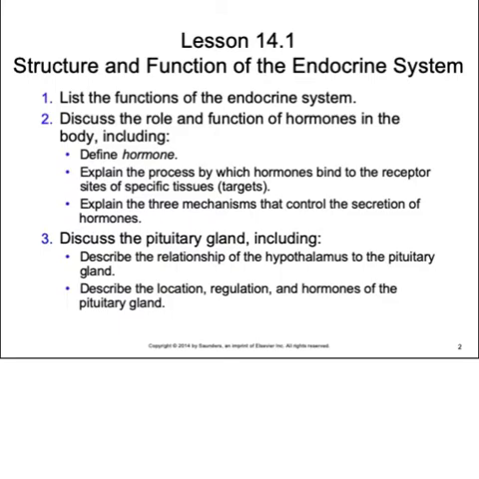When that happens, those tissues carry out the instructions that the hormone is designed to begin. So we'll talk about what the endocrine system does. We'll talk about the anatomy of the endocrine system, which is pretty simple, and then we'll talk about what the different glands secrete and what the effects of those hormones are.